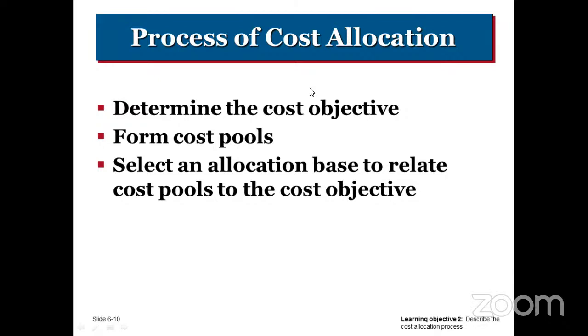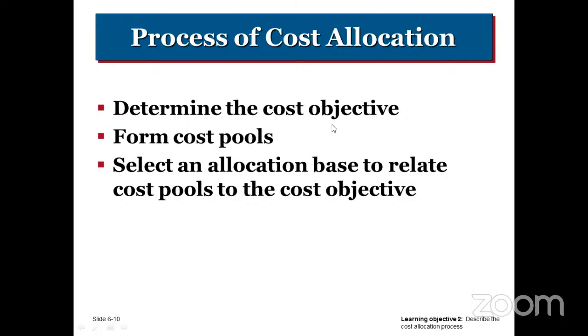So what we do, we need to determine the cost objective. Cost objective means which department is to bear the cost. If you're the sales department selling washing machines, you are the department to bear the overhead cost. You are the objective that the cost is assigned to, so we call it cost objective.